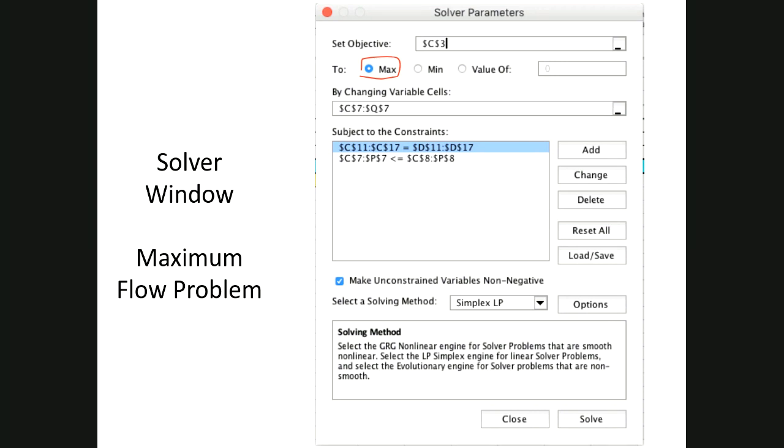These are the transshipment constraints, which you can recognize because they're equal, and then these are the capacity constraints, which you can recognize because they're less than or equal to. Make everything non-negative, select simplex, select solve, and we're going to come up with a solution that we'll see in the next video. Again, if you have any questions, I am happy to help.